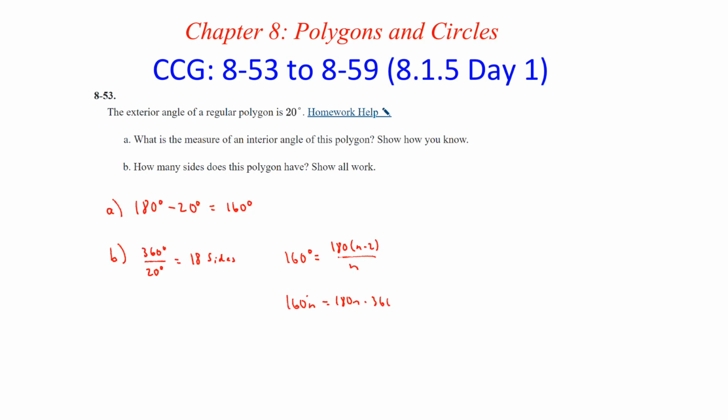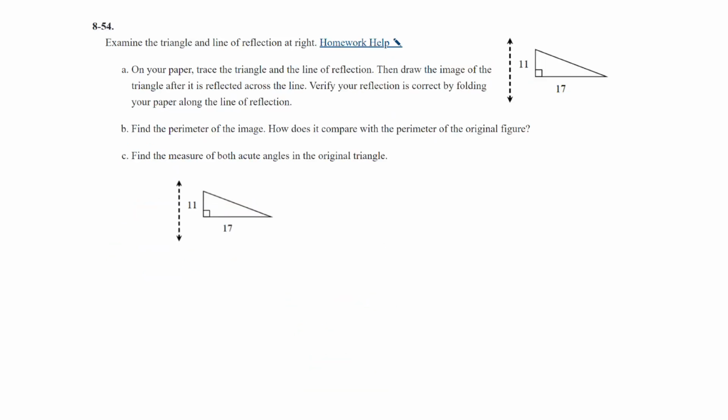Just distributing there, and I'm going to subtract 160 to this side to get 20n. I'm going to add 360 to the other side, and then you can see I'm getting 360 divided by 20 just like I was on that other one, so that gives me n is equal to 18. N represents the number of sides, so n is 18 sides. So at least two ways to approach that problem.